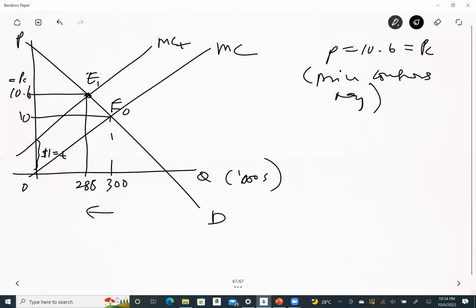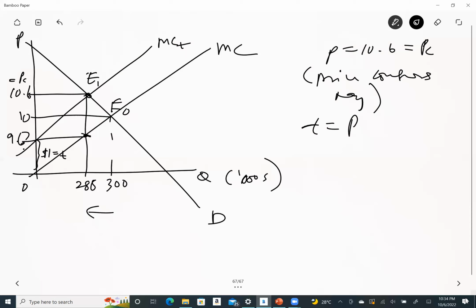Now what is the price firms receive? What is that price? 9.6. You don't have to calculate anything. It's just simple. T is equal to what?